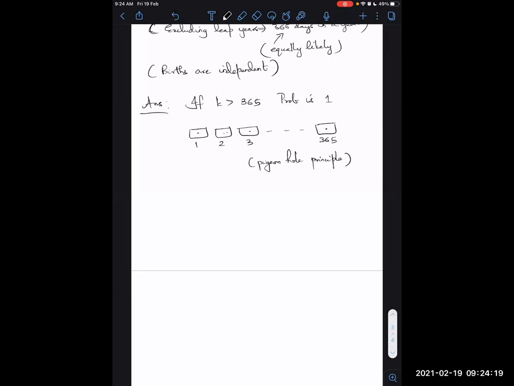This was simple. Now, what happens if k is less than or equal to 365? This is basically asking how many people are required to have a 50% chance.